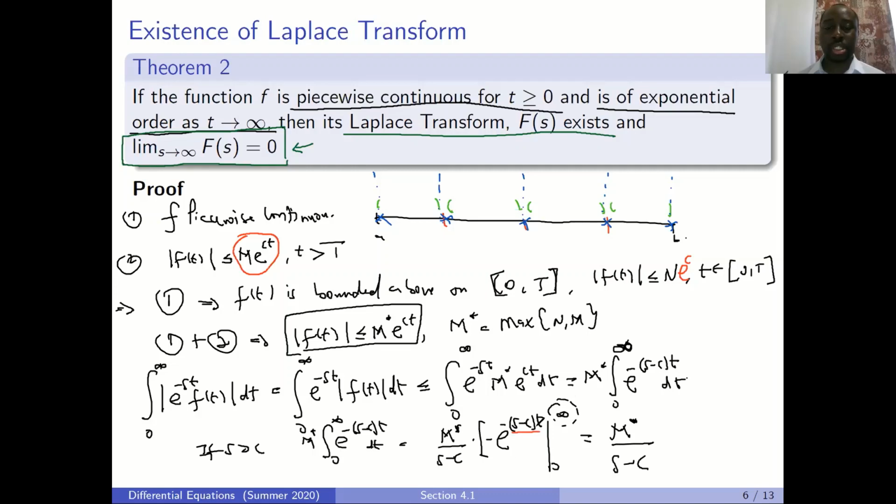And then, of course, when t is 0, this is 1. And so this integral is finite. Since m star is some positive real number, this is finite, which means that this integral here converges.